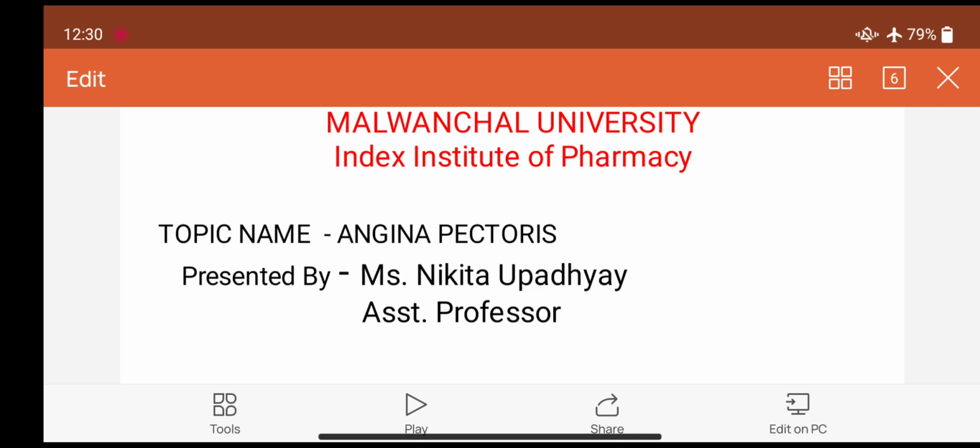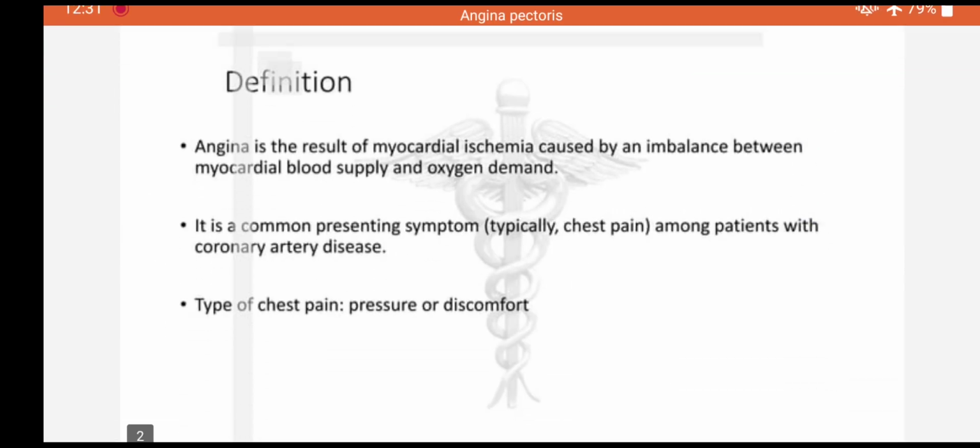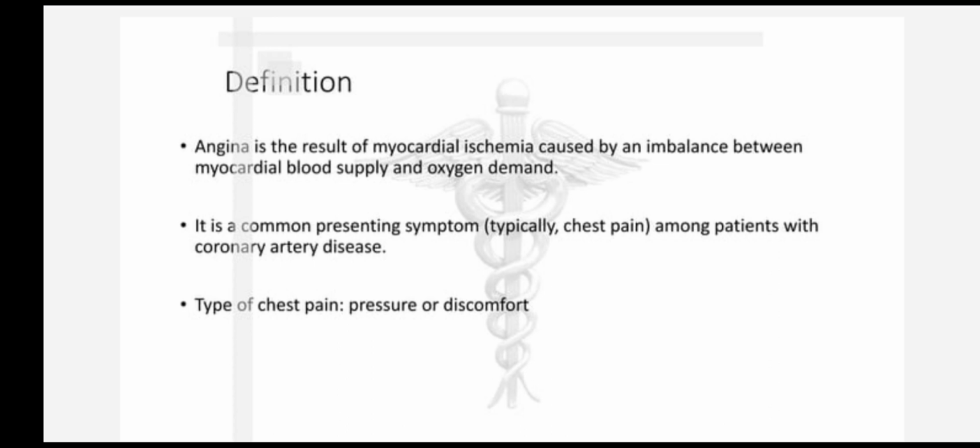Today my topic is angina pectoris. Angina is the result of myocardial ischemia caused by an imbalance between myocardial blood supply and oxygen demand. It is a common presenting symptom, typically chest pain, among patients with coronary artery disease.